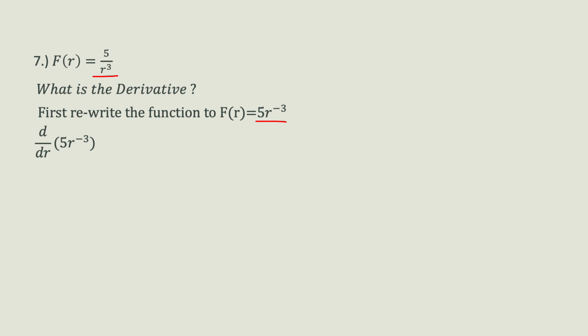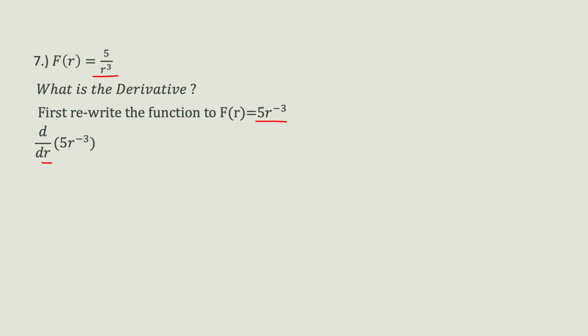In order to take the derivative of the function f of r equals 5 over r cubed, it's not d dx, it's d dr, because if you do d dx, it wouldn't apply. So we do d dr of 5r to the negative 3.